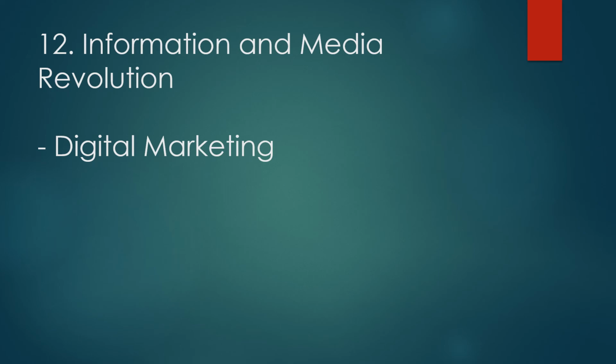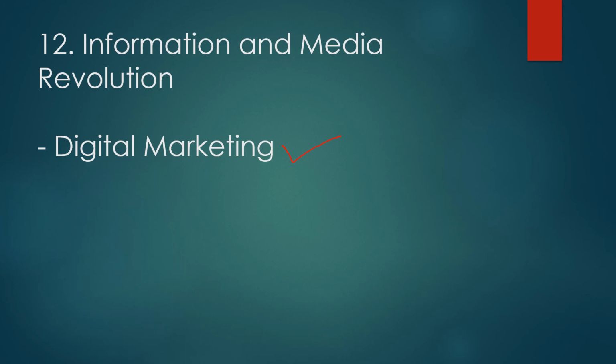Let us go to the next point. Information and media revolution, which is nothing but discussing digital marketing. There has been a tremendous growth in the field of information and media. For instance, internet facility has given a big boost to global trade. Now business firms can conduct global operations without much investment in setting up elaborate offices.